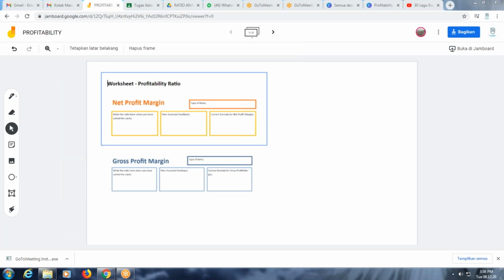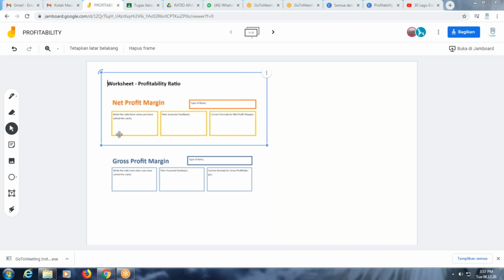Okay. Can you see our Jamboard? Mr. Toro and Miss Gallo, can you see? Okay, this is our worksheet today. Based on the clue that I presented before, you can join this Jamboard to fill in the worksheet.